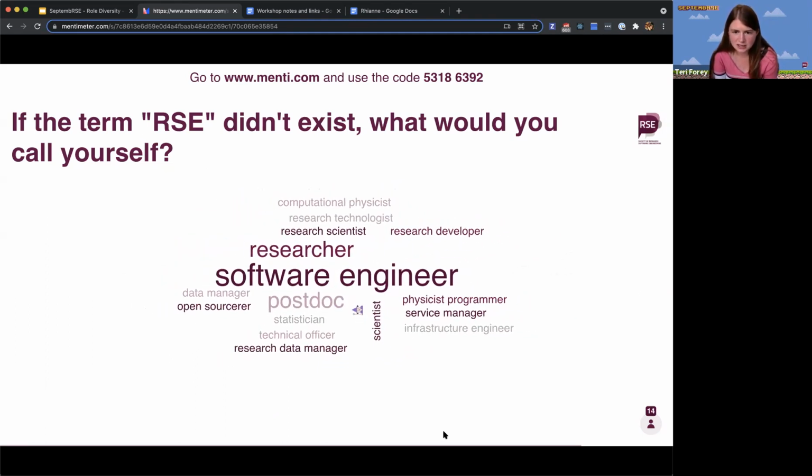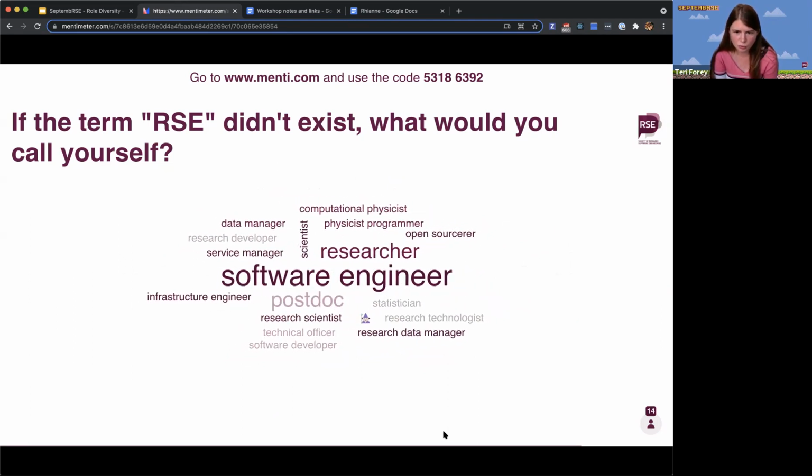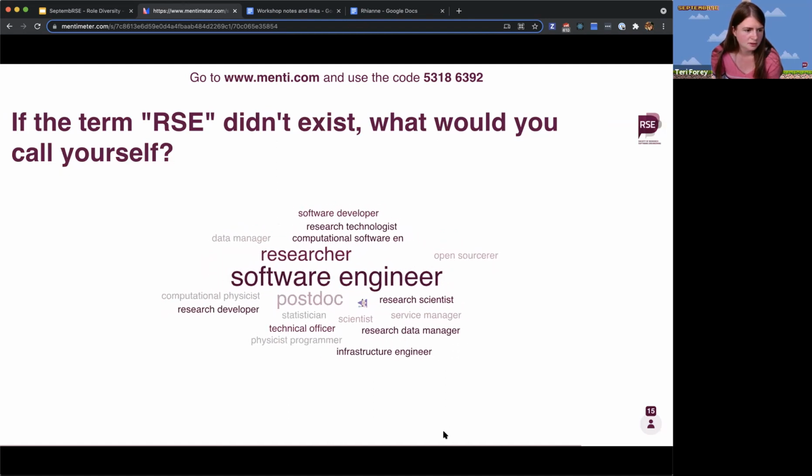Oh, cool. So even though software engineer seems to be the most popular, all the other ones seem to distinctly say research at some point in them, or at least imply it. Well, infrastructure engineer as well. Open sourcer is a great one. Service manager, technical officer. Okay, so these are a really good selection of potential titles. We've got some scientific application support officer coming into the emoji.